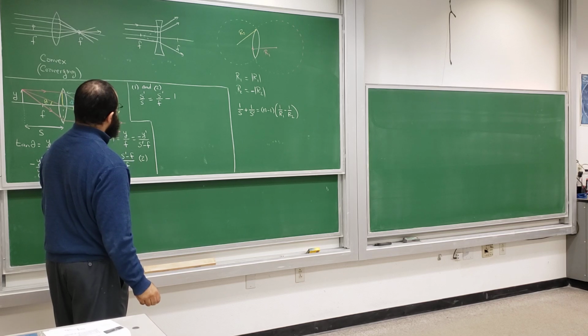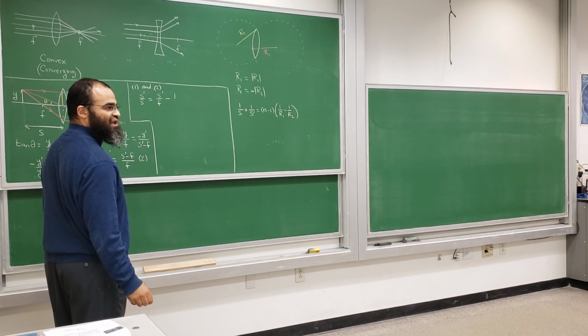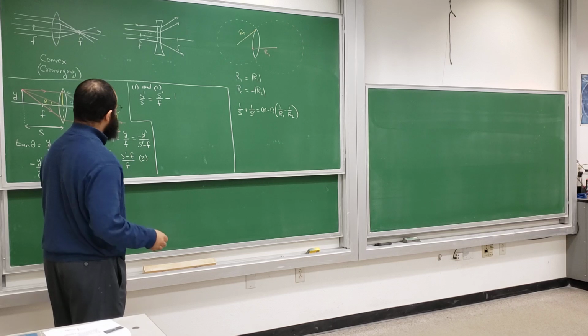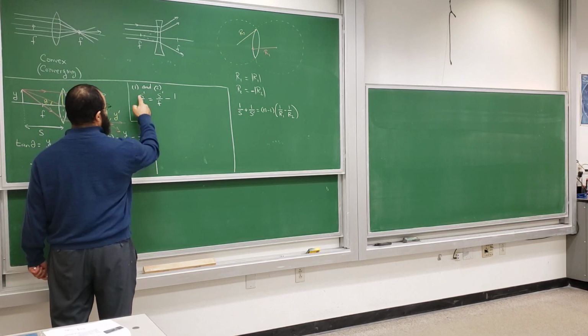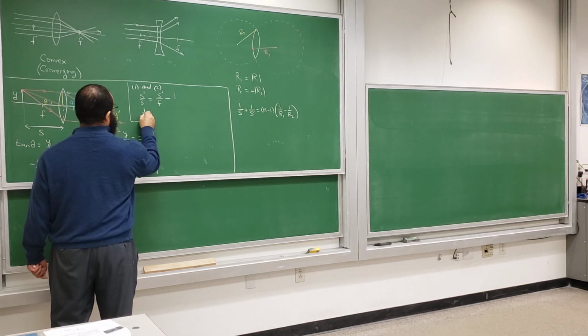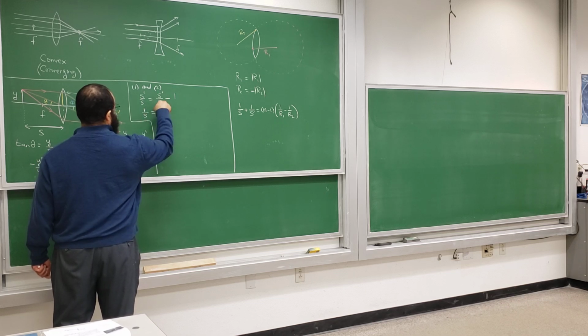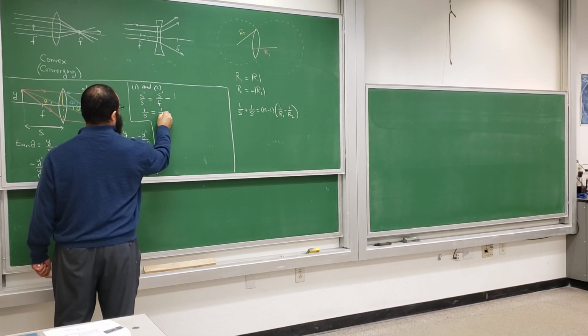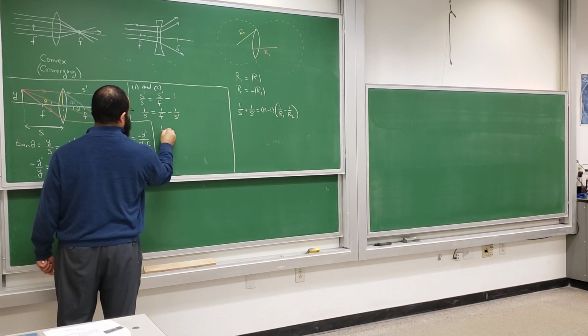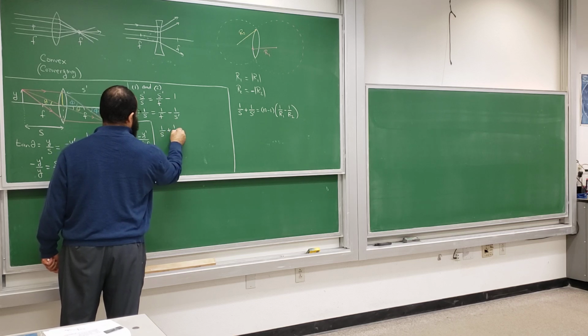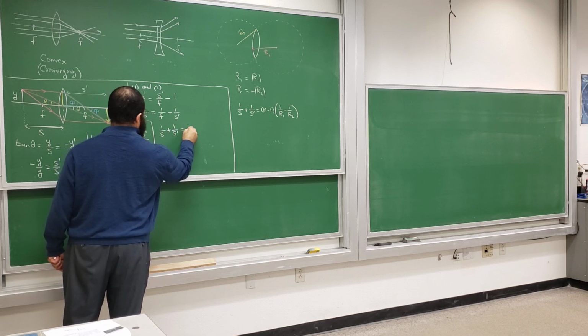Let's divide both sides by s prime. Divide everything by s prime. So if I divide this side by s prime, what do I get? What's left? 1 over s. If we divide by s prime here, I get 1 over f minus 1 over s prime. Move the s prime to the other side, you get 1 over s plus 1 over s prime is equal to 1 over f.